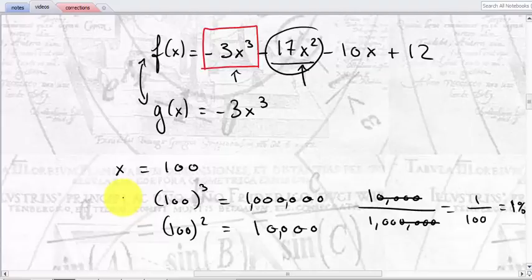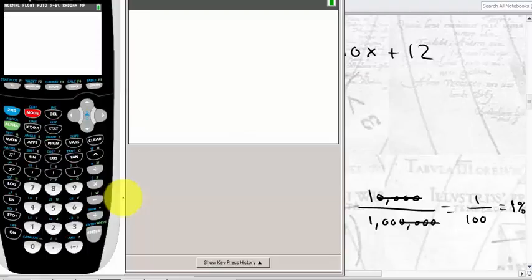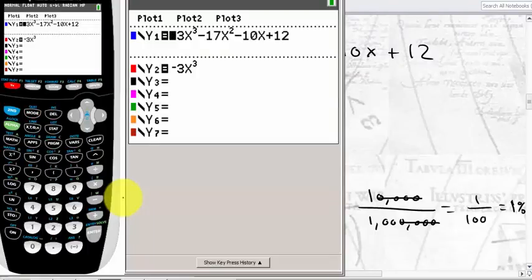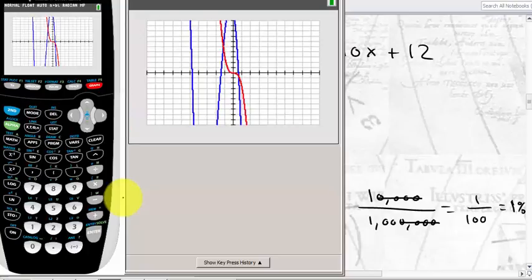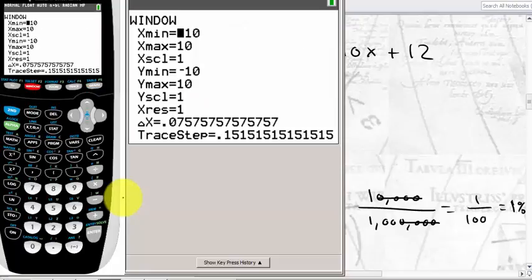Let's try to see graphically what that looks like. So in my calculator, I have plugged in these two functions, f of x and g of x, and let me look at the graph in a standard window, okay? So in a standard window, the graphs look like this. In blue, you have f of x, and in red, g of x. So it is not very good. Let me increase my y min, y max.